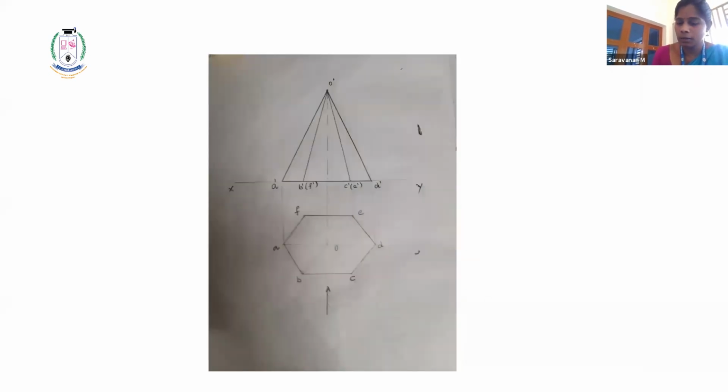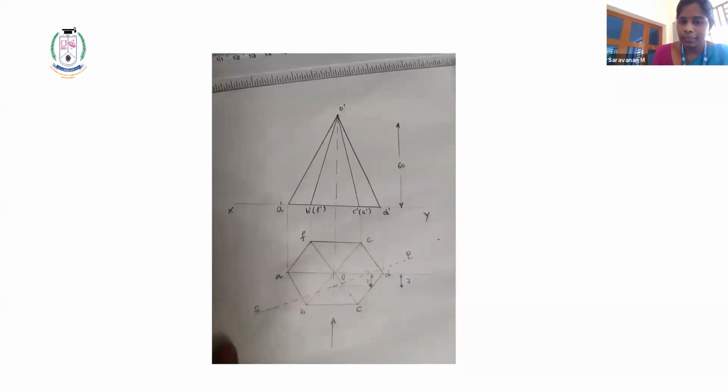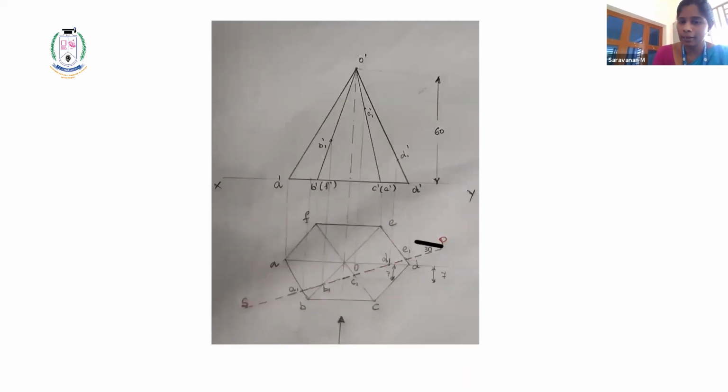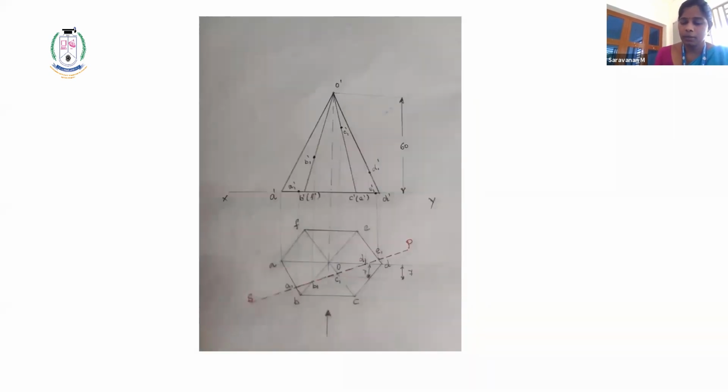So first draw the simple projection, next draw the sectional plane at an angle of 30 degrees passing through 7 mm below the axis, and mark the points A1, B1, C1, D1, E1. Now project all the points towards the front view.